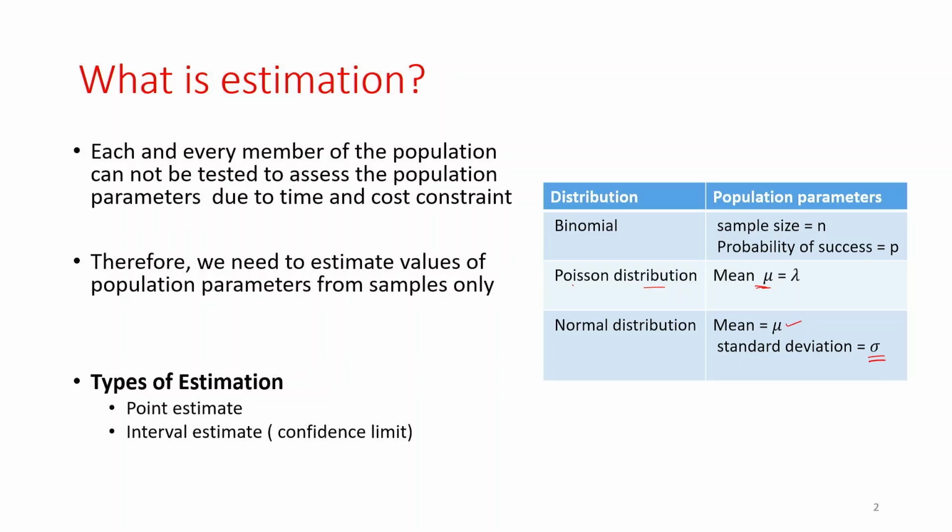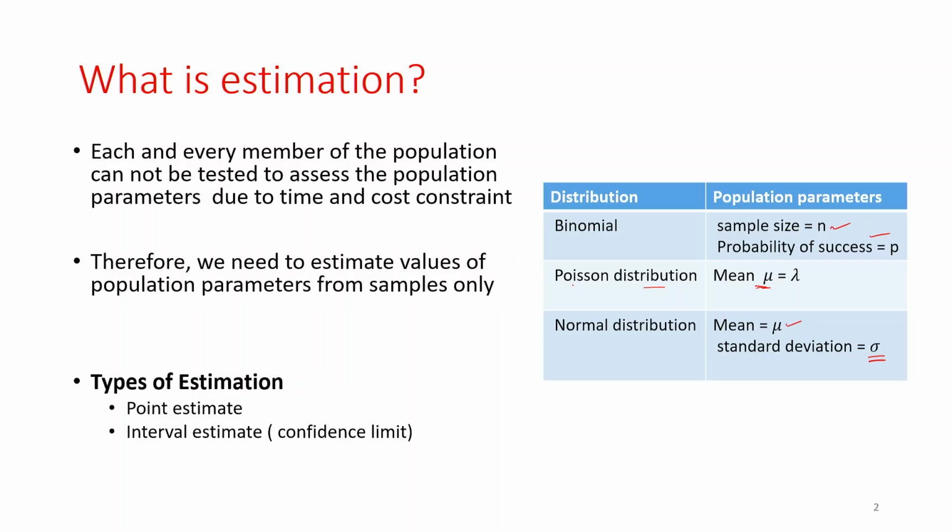For binomial distribution, it could be sample size, it could be probability of success or failure, or number of successes in a given number of trials, things like that. We need to estimate the population parameter from the sample. The reason is whole population cannot be tested.